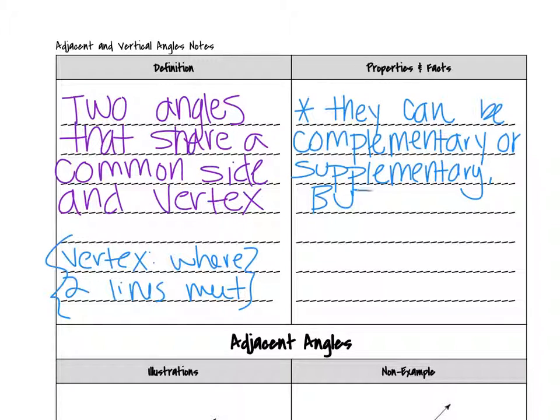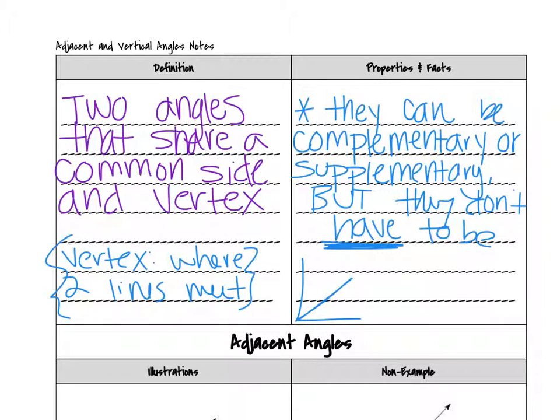But they don't have to be. Okay, so sometimes they can be complementary or supplementary.